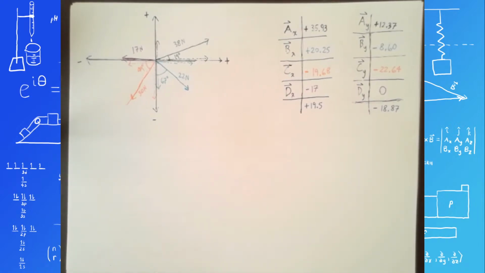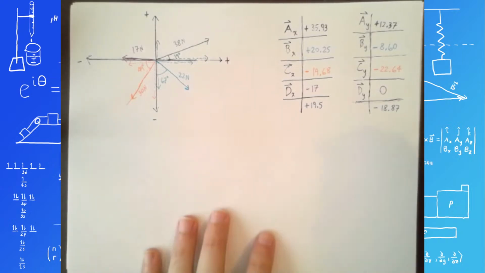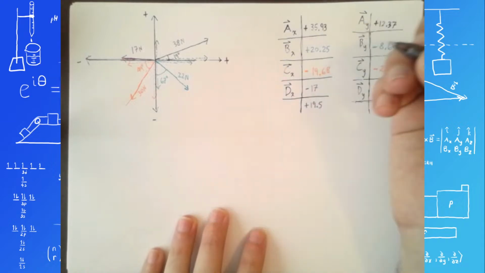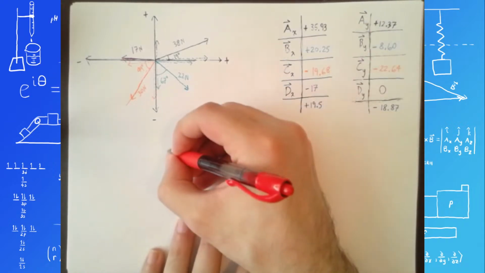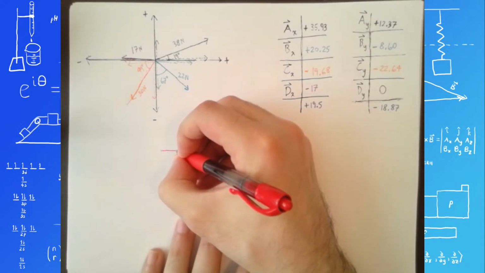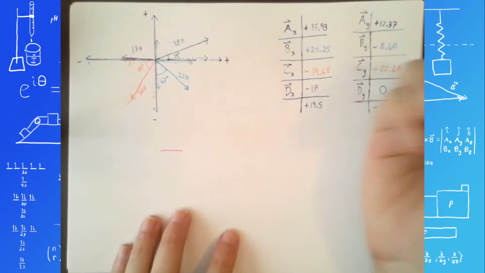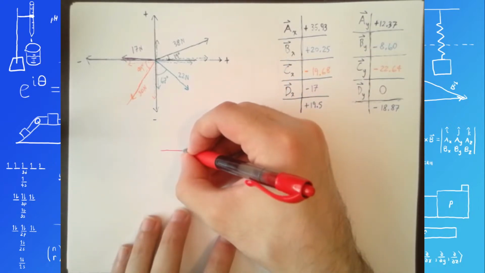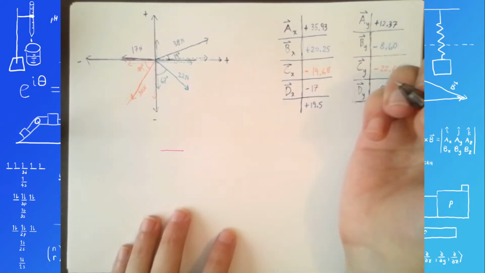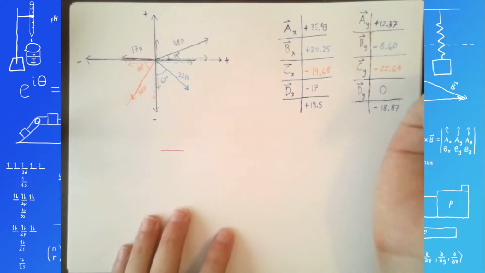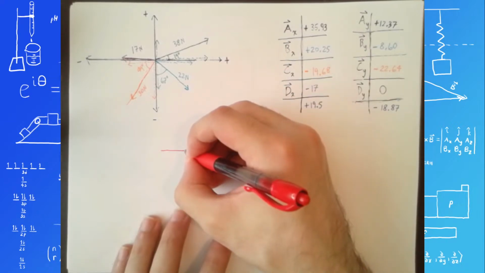Anyway, we can now add these two components using triangle rule, Pythagorean theorem, however you want to describe it. What color do I want to use? Let's use red for this. So I'm going to draw that. I'm going to draw 19.5 to the right because that's essentially what it is. The positive doesn't necessarily mean having a positive value. It's just our convention for right.